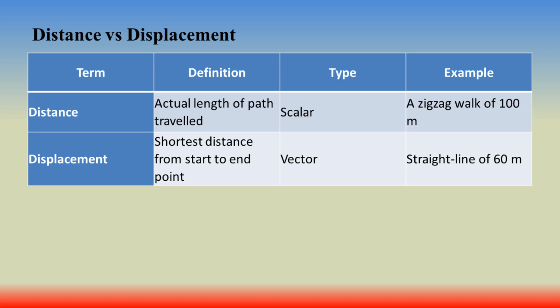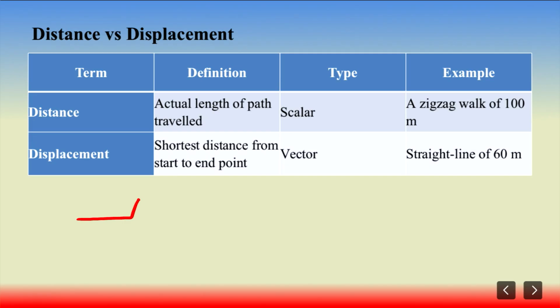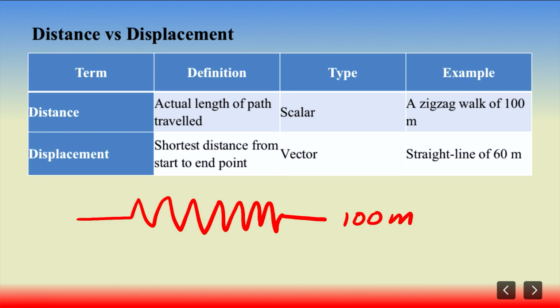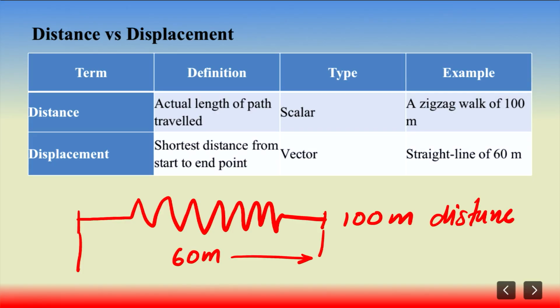Displacement, on the other hand, is the shortest distance between the starting and final position with the direction, making it a vector quantity. For example, if I walk 100 meters in a zigzag path, that is the distance. But if I end up only 60 meters from where I started in a straight line, that is the displacement.